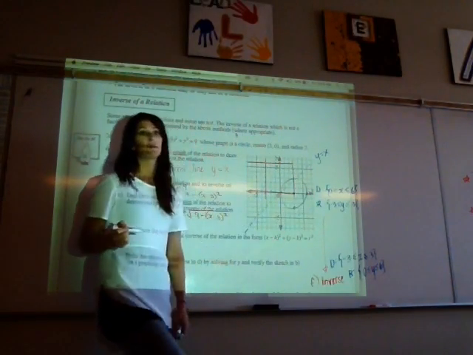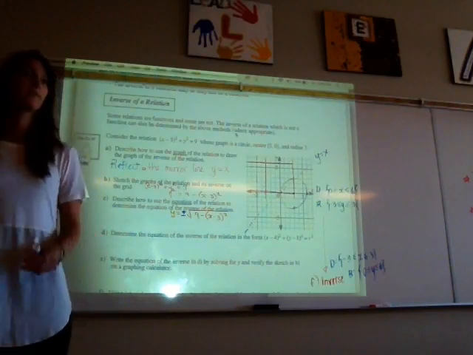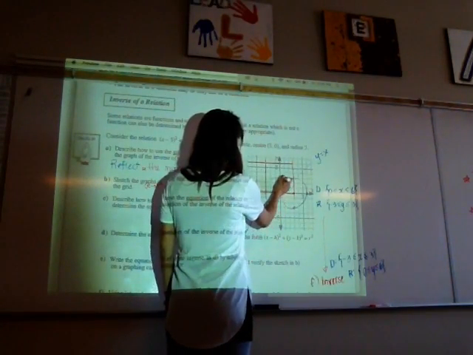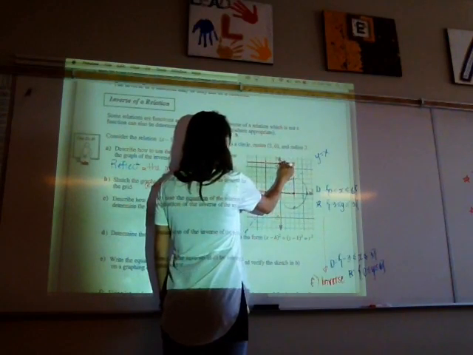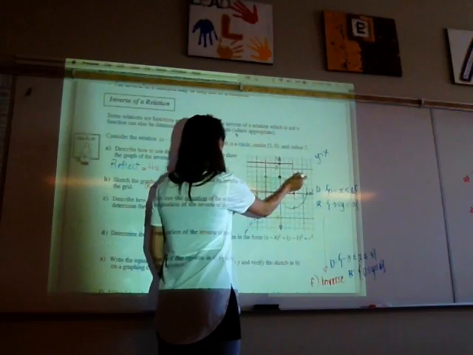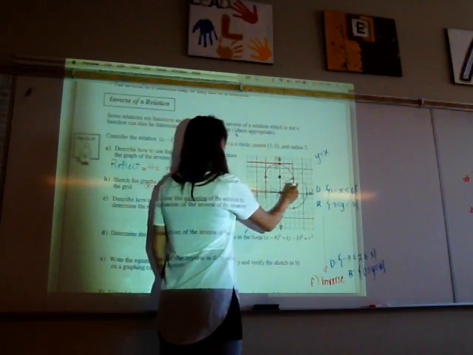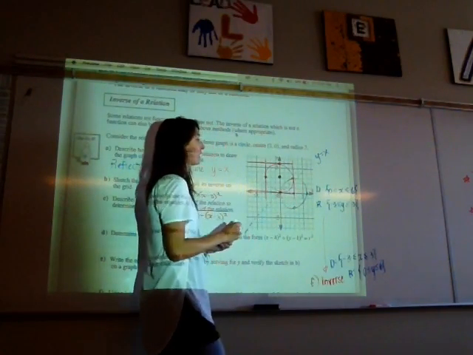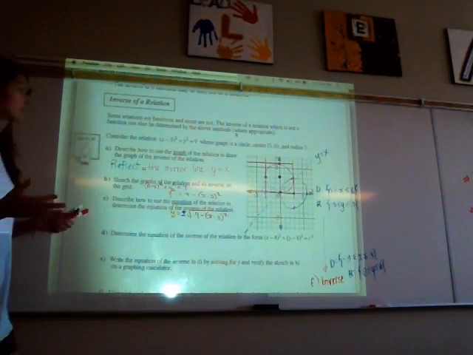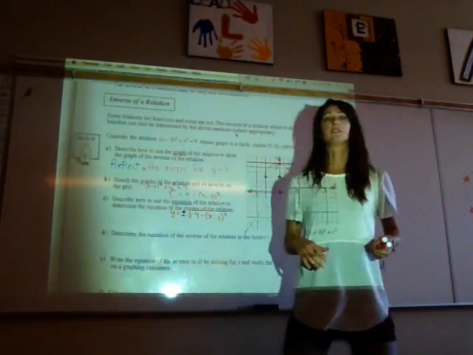So within this box, I need to draw that circle. Obviously it has to go in the center. So there will be my center. I'm just going to draw a few points and then I can connect the dots. Okay, and I've now drawn my inverse. You don't necessarily have to draw a box, but I find it helpful.